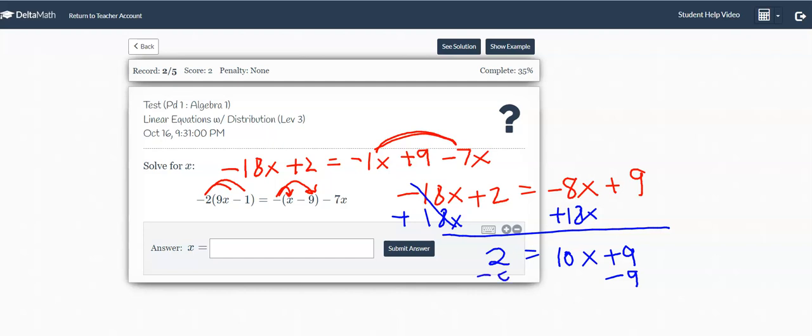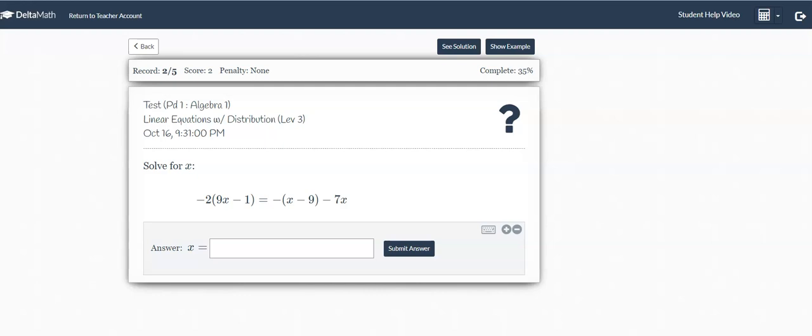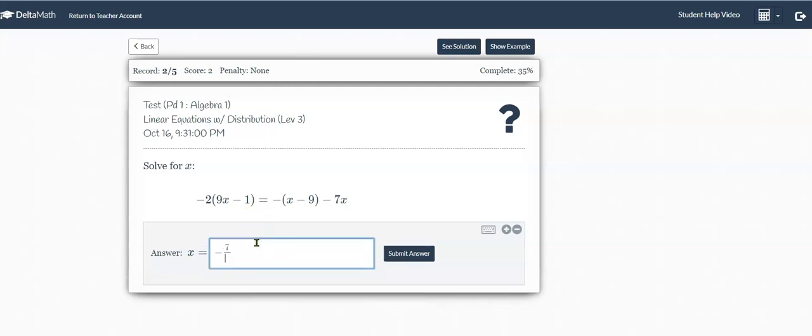Minus 9 here. Negative 7 equals 10x. Oh man, this pen is terrible. Divide by 10, divide by 10. So I'm going to write this here as negative 7/10. That's what I'm going to write, because I don't want it to be a decimal. I'm going to write negative 7 over 10.